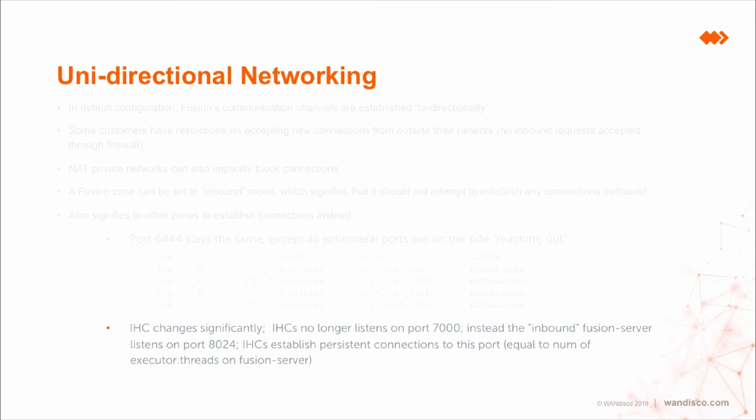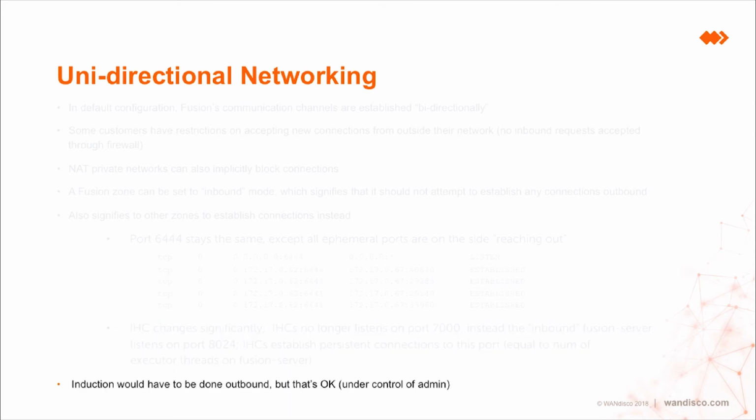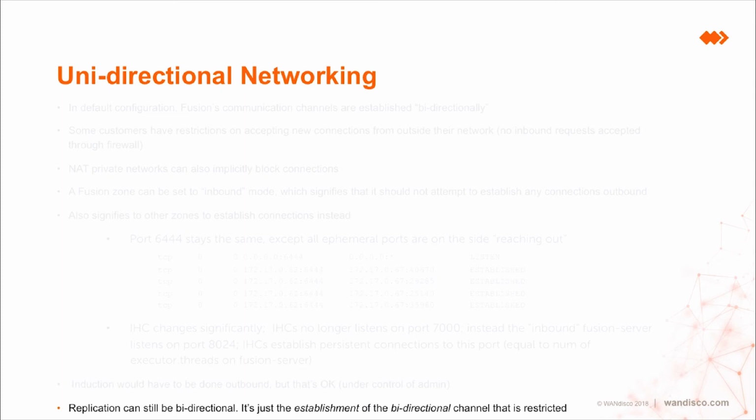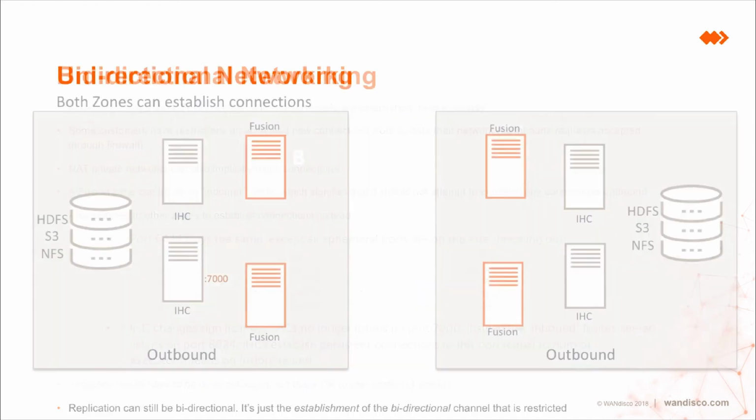IHCs establish persistent connections on this port. Induction, though, will have to be done outbound, and an administrator would probably have to have control of that. Replication can still be bidirectional. It's just the establishment of the bidirectional channel that's restricted.